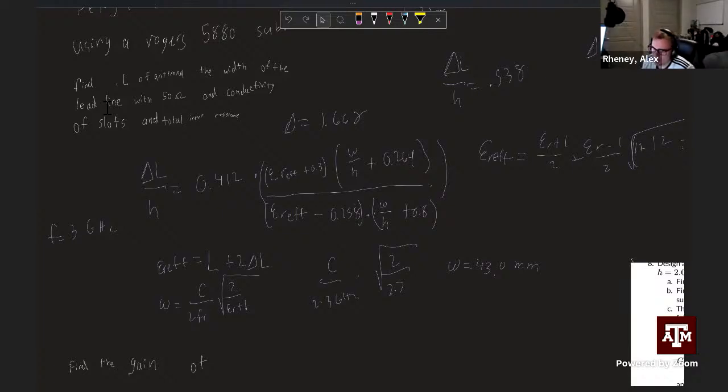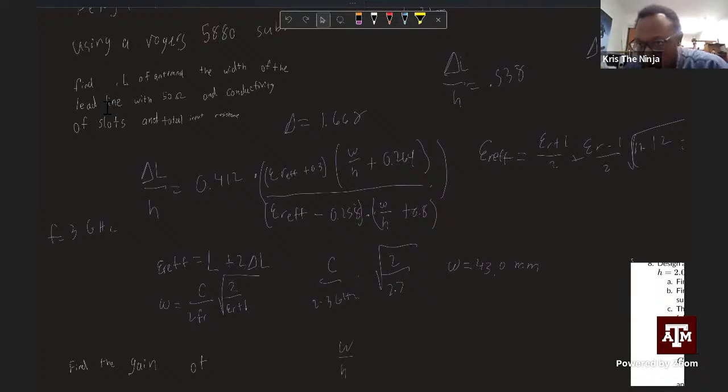We have our W and H values already, right? We need to find another W value because this is a different W. I know it's W over H equals something. Well, remember these are the ones with the three different equations. For W over H less than 1, which is a high impedance region, we have a certain set. For it greater than or equal to 1, it's the low impedance region, which is a separate set.